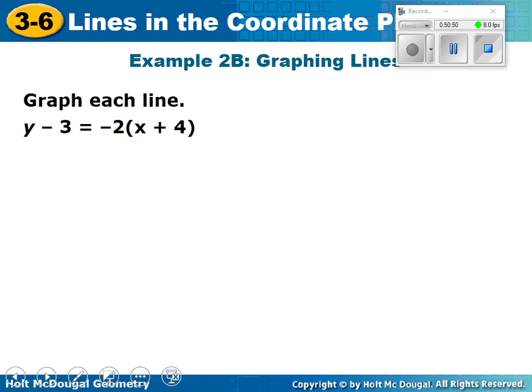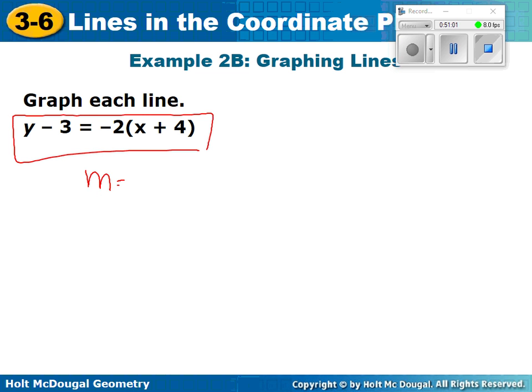All right, so graph each line. So this one said graph it. I gave you graph paper. I gave you a ruler. What form is this in? Point slope. So let's start with, what is our slope? -2. What is a point on our line? Very good, Remy. Be very careful, everybody.